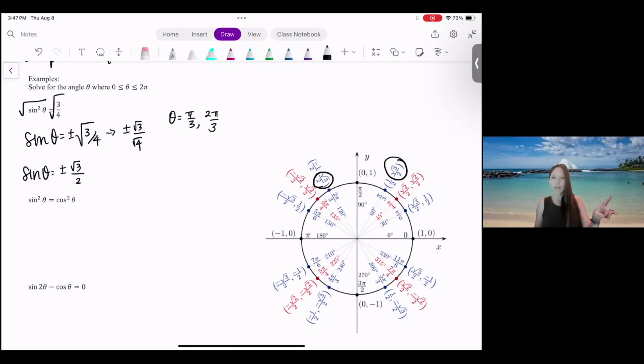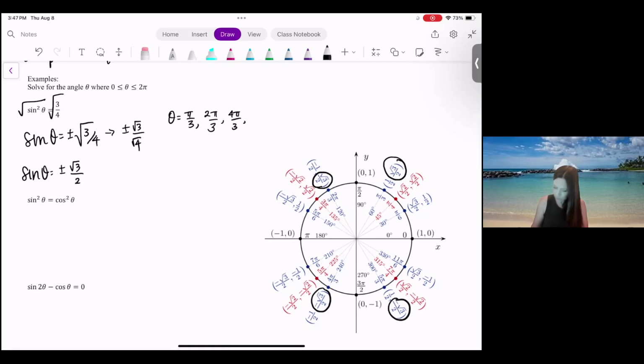So I'm noticing that my denominator is 3 here, which means that I've got 60 degrees. And then the next one is 120, and so on. Into the third quadrant, my y of negative root 3 over 2 is at 4 pi over 3. And then in the fourth quadrant, negative root 3 over 2 is at 5 pi over 3.